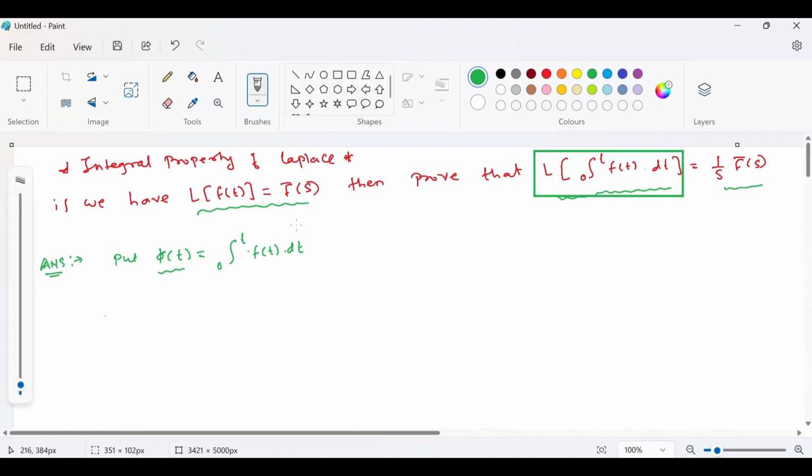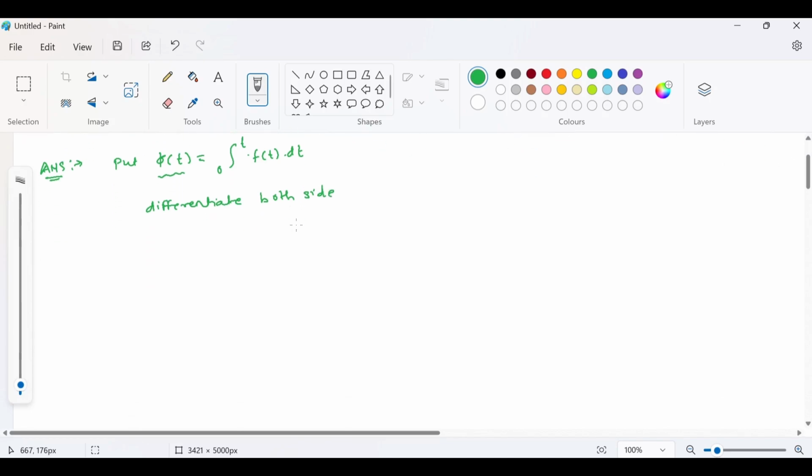Now, I am going to differentiate both sides. So, what can I write? Phi dash of t is equal to d by dt integration 0 to t f of t dt, right?